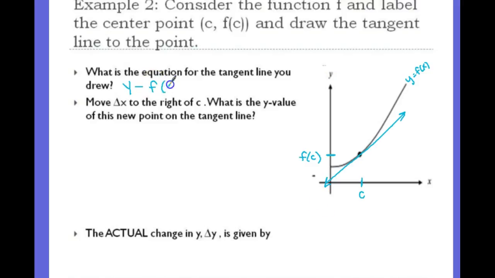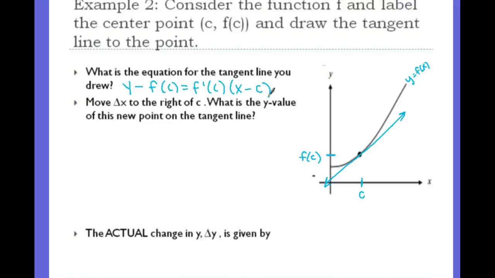So it's y minus f of c equals, and isn't the slope at this point on the tangent line the derivative of the function at that point? So f prime of c represents my slope, and then we talk about the change in x with respect to c. So the equation for my tangent line becomes y minus f of c equals f prime of c times x minus c. Does that not look like linearization, but instead of a's, we have c's?